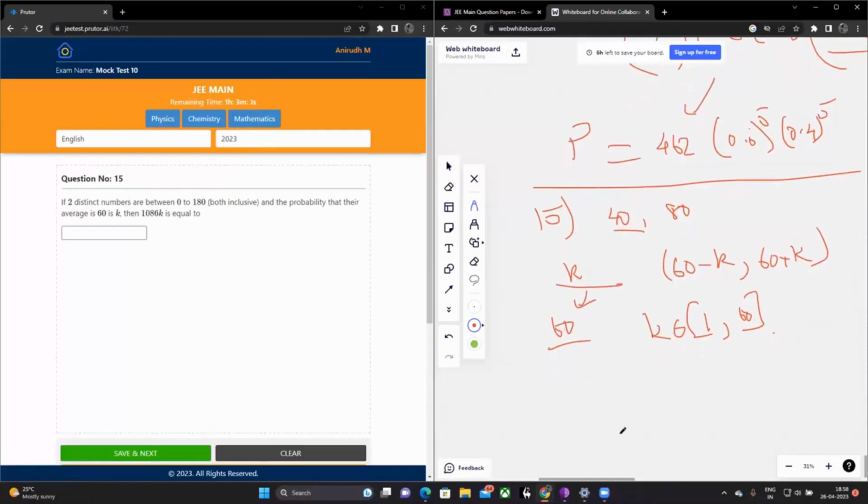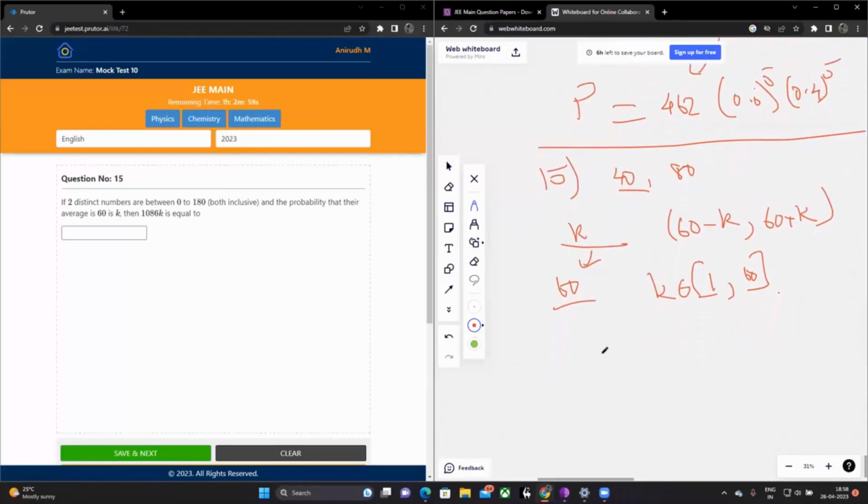You have 60 choices for k, right? And so you have a total of 60 occurrences of the event where you can choose two numbers from 181 such numbers, because it's 0 to 180, that's 180 numbers, 1 to 180, that's 180, plus 0, that is 1. So basically this is 181C2, right?